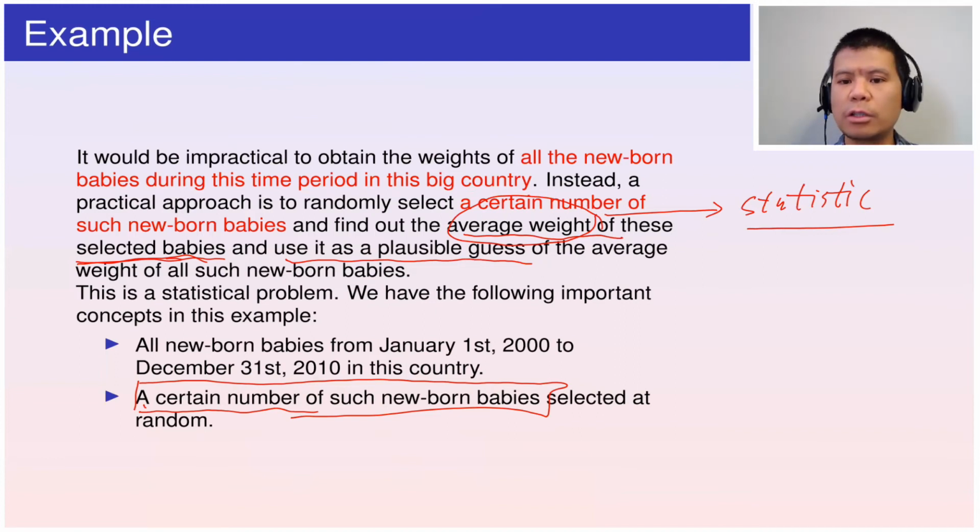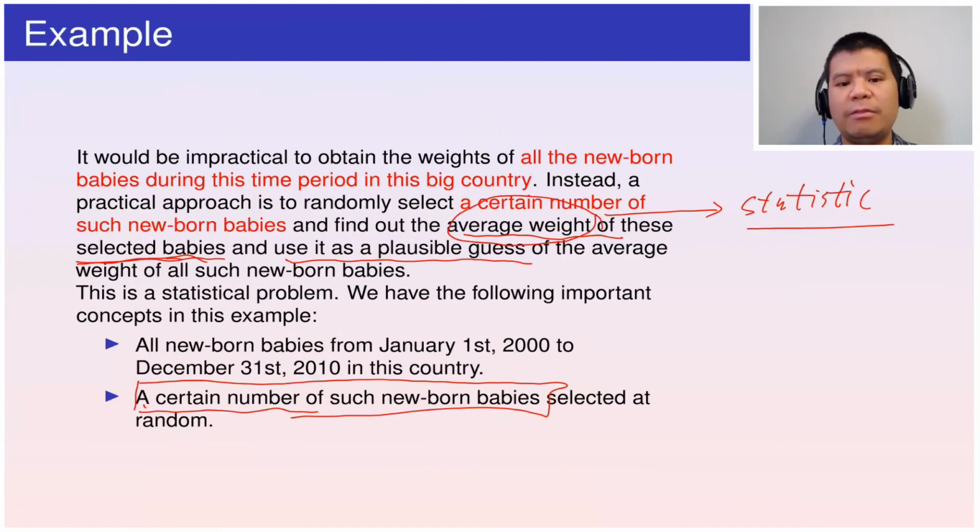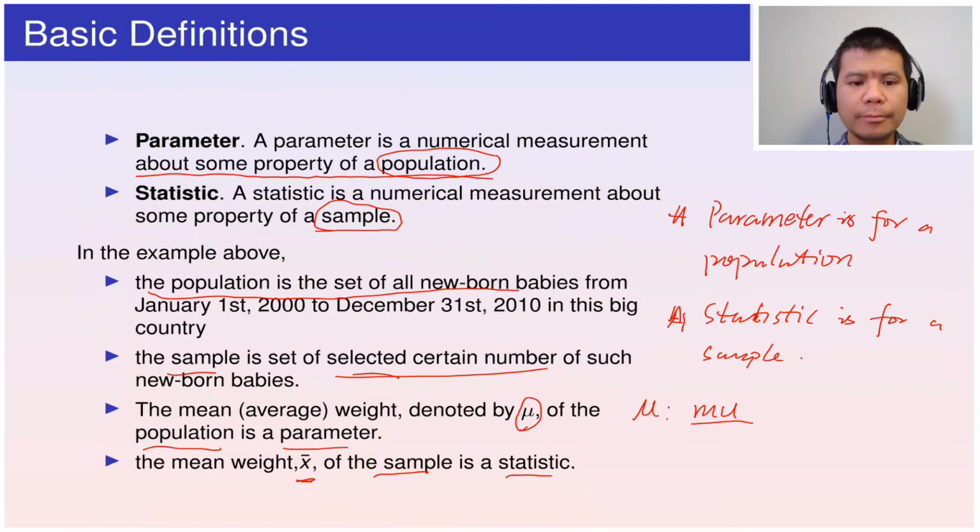Descriptive statistics is simply to find the average weight of the sample. It's just to describe the properties of a sample. Inferential statistics is trying to make inferences about the population based on the sample data.